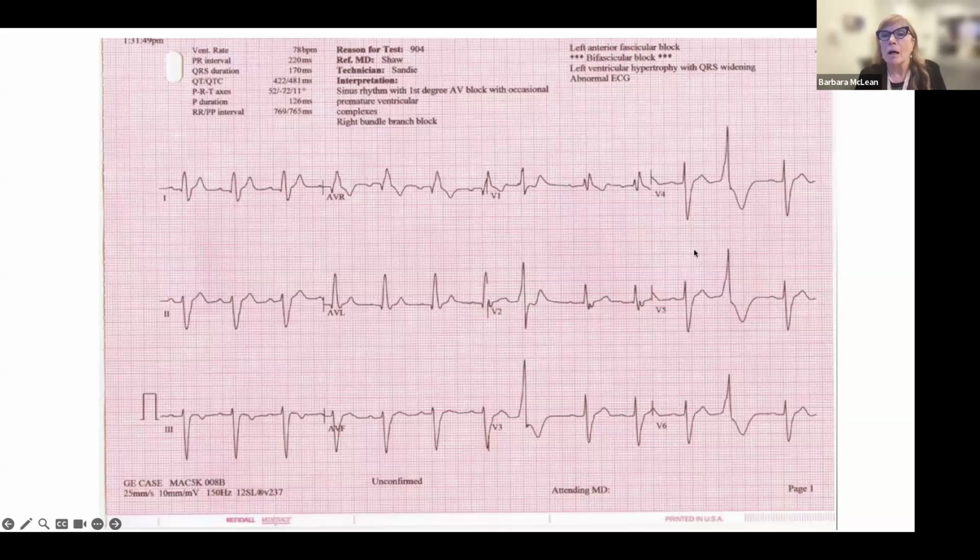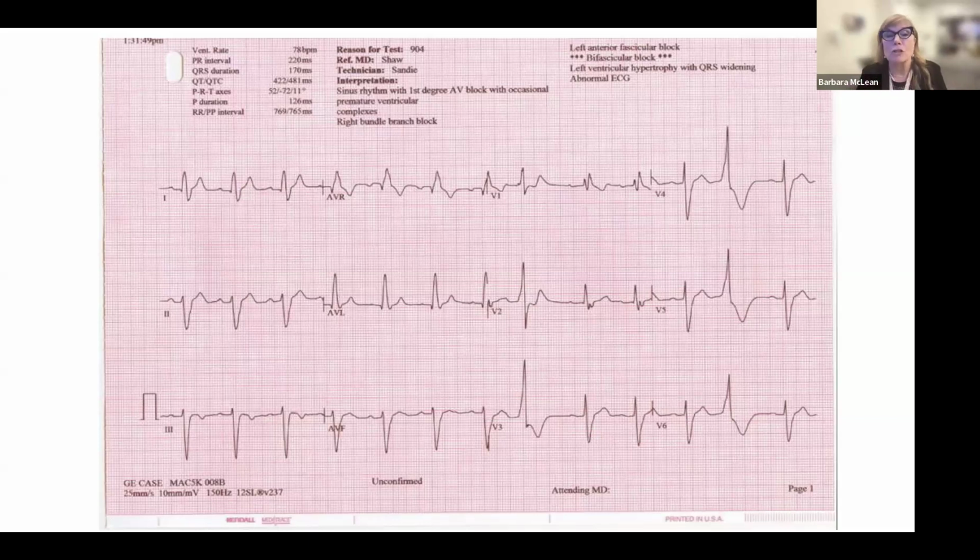And V4, V5, and V6 traditionally are going to have mostly upright. So small, bigger, bigger, big, big, big. That's what you're looking for in terms of the R wave. But when you look here, you can see that V1 is primarily upright. That is absolutely profoundly abnormal, and we're going to talk about why.